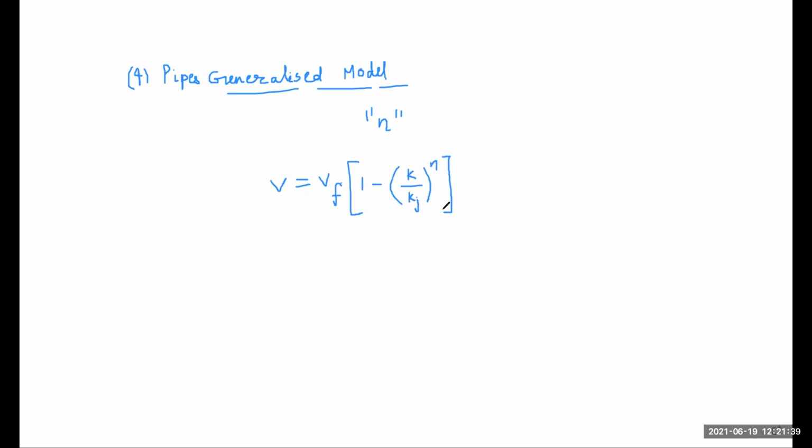So basically when n is equal to 1, Pipes' model resembles the Greenshields model.